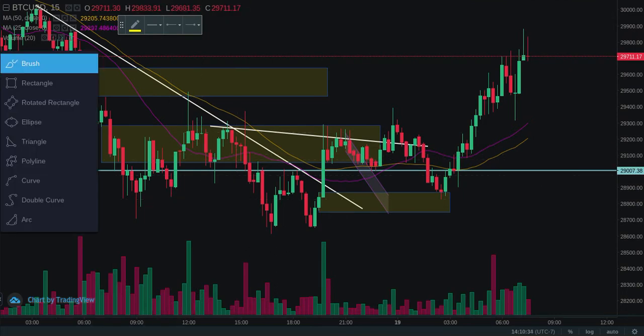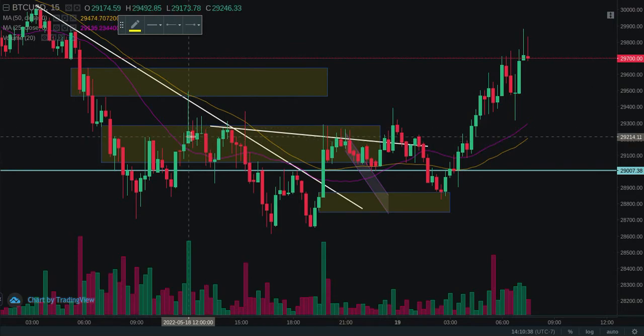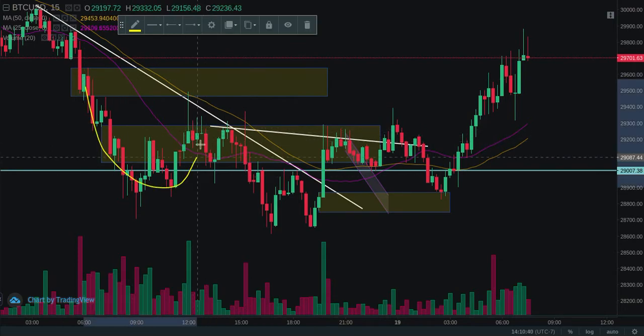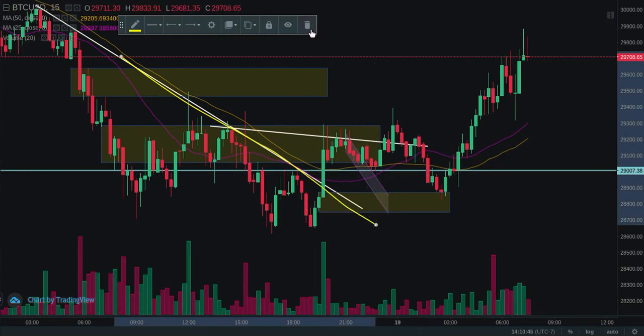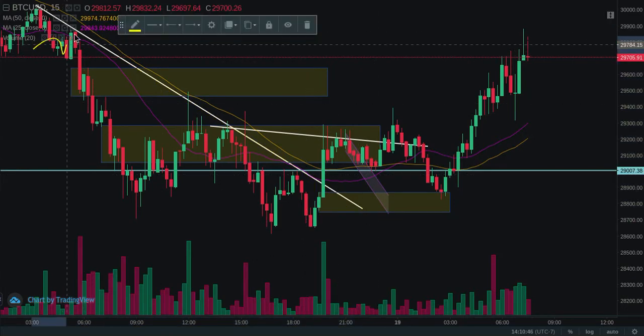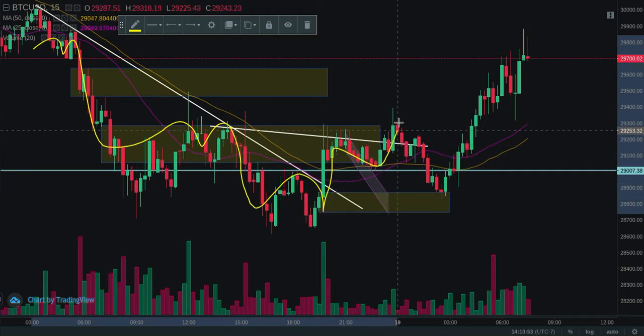In yesterday's video, last night, I was making this chart for a little bit, and I was seeing that we had this line going all the way down, resistance, resistance, resistance, and then we finally broke above it, came down to retest, and gave a double top, it looks like.